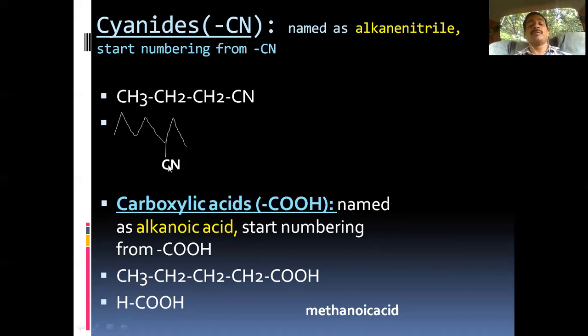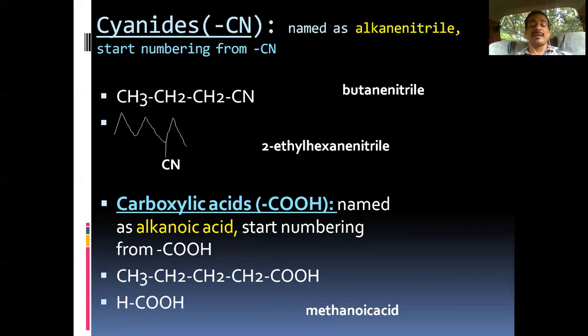Here also, in this bond line structure, you have to start numbering from CN. 1, 2, 3, 4, 5, 6. This is hexanenitrile, but in the second carbon atom an ethyl substituent is present. So 2-ethylhexanenitrile. That is the name of this compound.